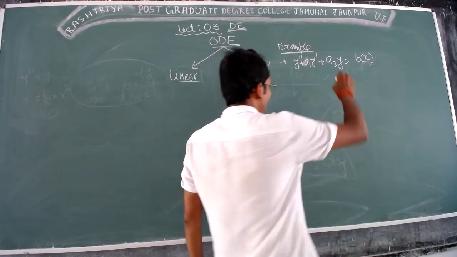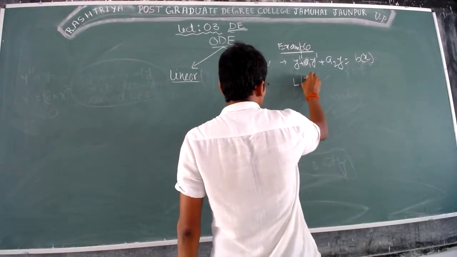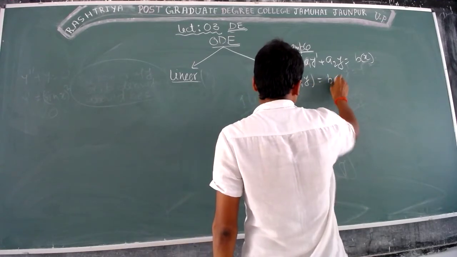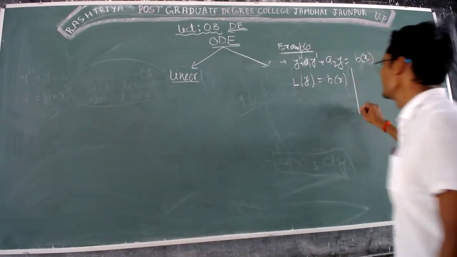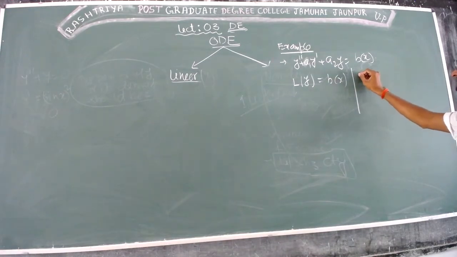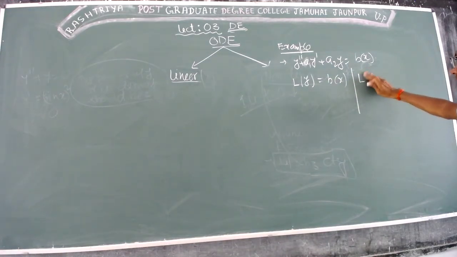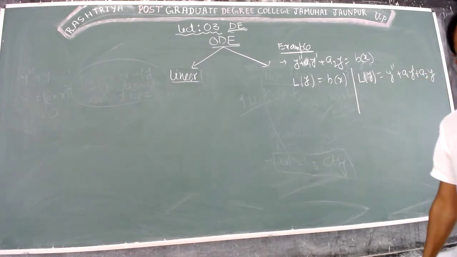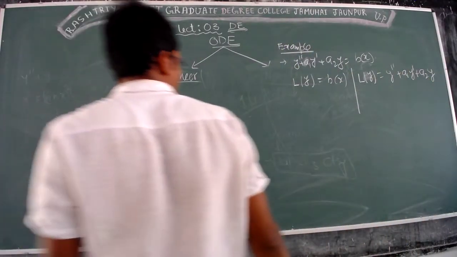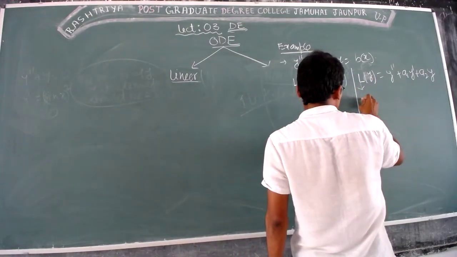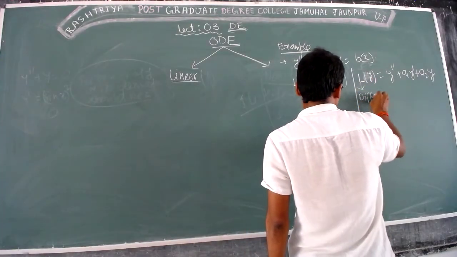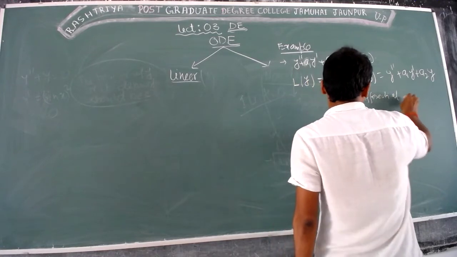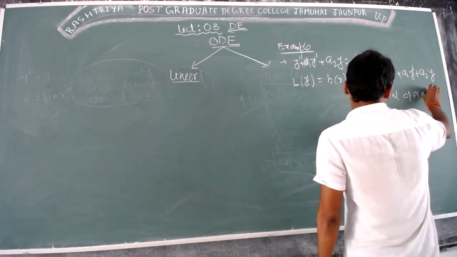A notation we can write is L of y equal to d(x), where L of y is y double dash plus a1 y dash plus a2 y. Here L is the differential operator.